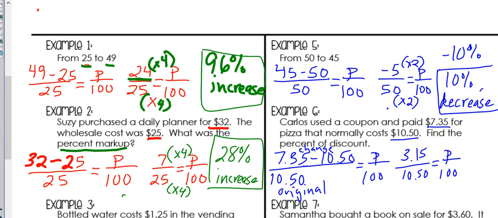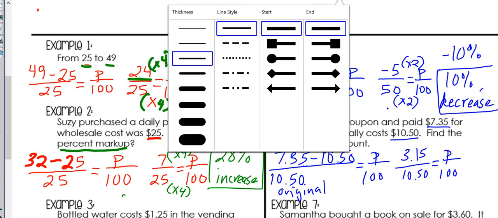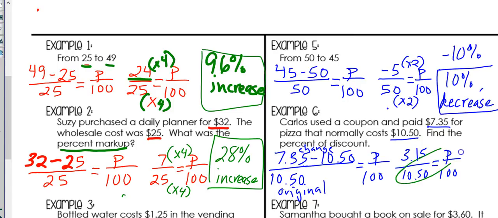Now for this one, I would probably use my cross products. So I'm going to multiply 10.5 or 10.50 times P, 10.5P equals, and then 100 times 3.15, which is 315.